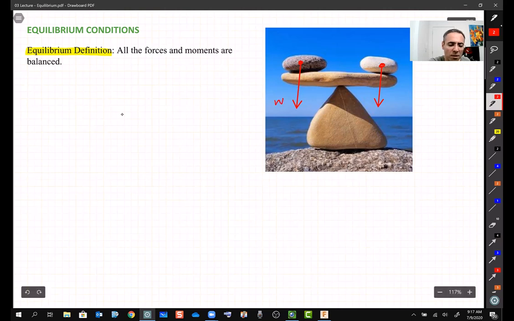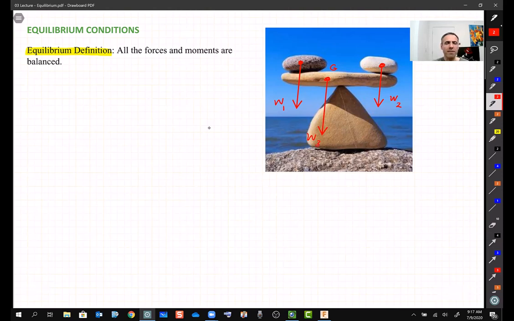Let's call them W1 and W2. And maybe this long stone also has a center of gravity, maybe somewhere around here. That's the center of gravity for this guy, and it also has a weight. Or maybe if we are lucky, the center of gravity is exactly at this tip point of this triangle, okay?